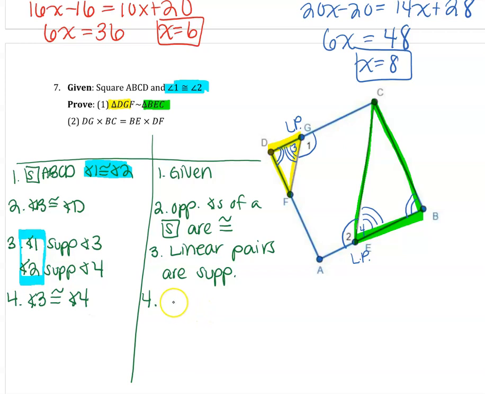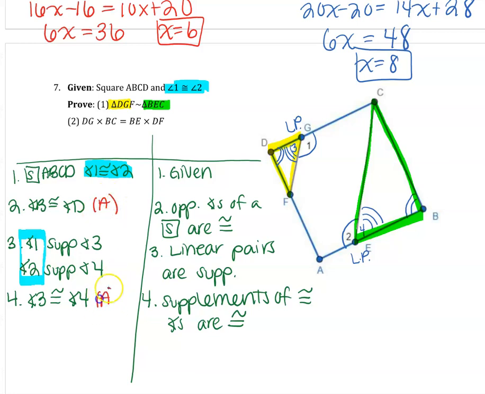And that's because, now this is new, supplements of congruent angles are congruent. So guys, now I have everything I need. I have angle B congruent to angle D. I have angles 3 and 4 congruent.